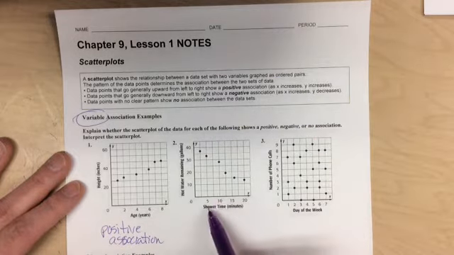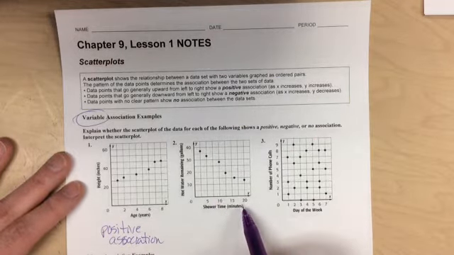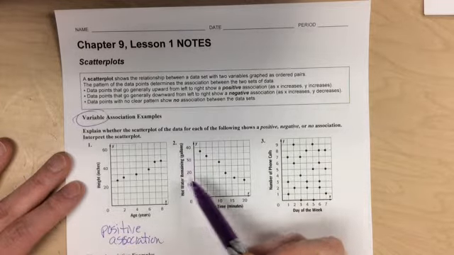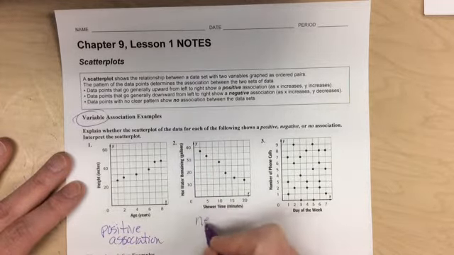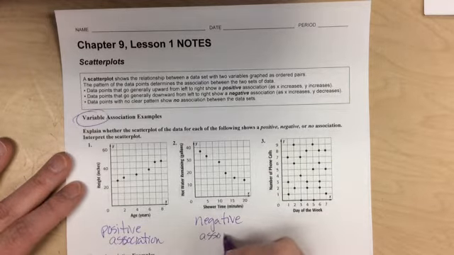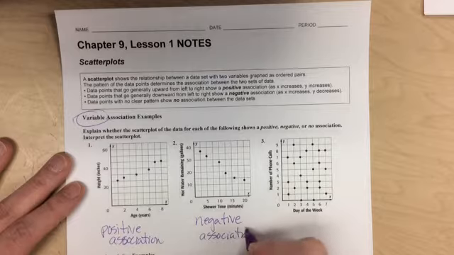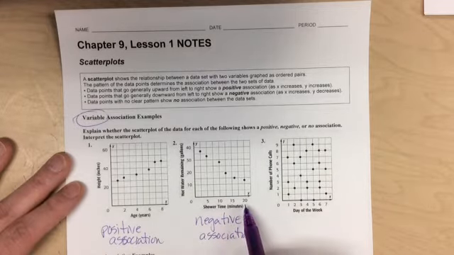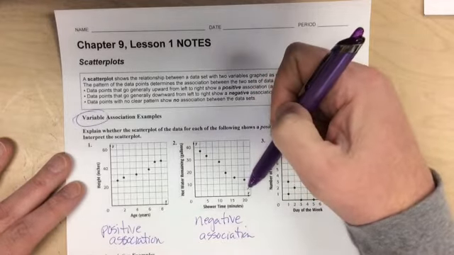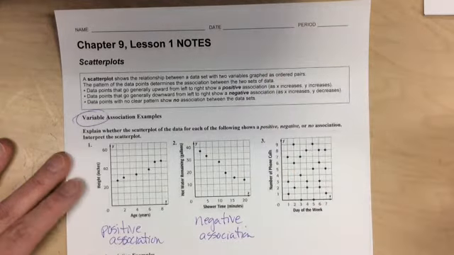So we can say that as the shower time increases, the amount of hot water remaining decreases. So that would be a negative association. And again, because as X increases, the Y decreases, which makes it look like it's going downward. And that would be negative.